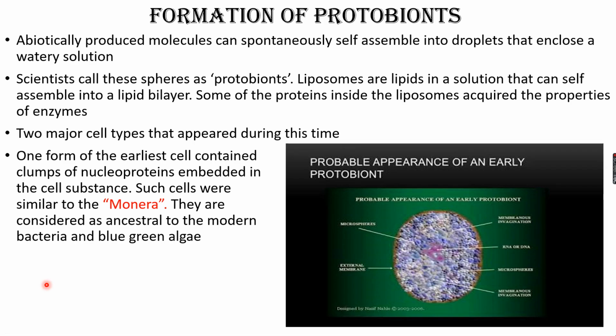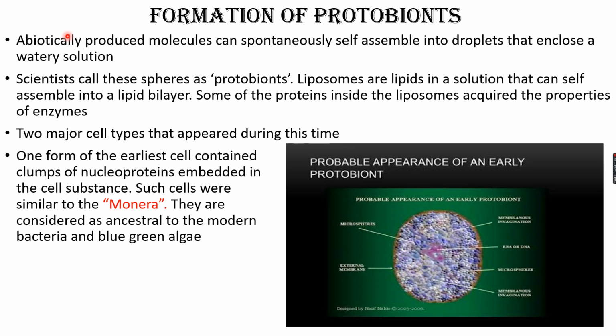Now, the first one, the formation of protobionts. Proto means primitive, bionts means biotic, means life, right? Biological organisms. The first formed primitive life, how it is formed, we are going to see.